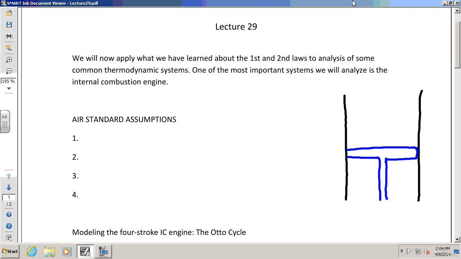And we got the cylinder, the top here, and what we have here is you typically have in a cylinder an intake valve and an exhaust valve.